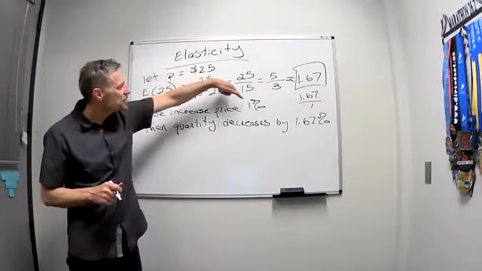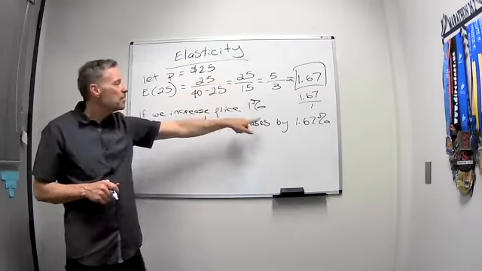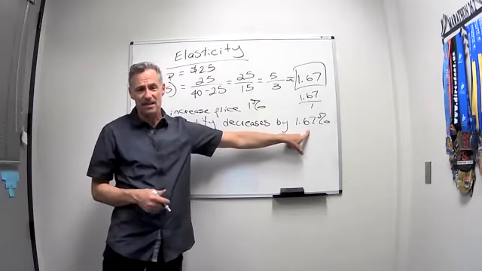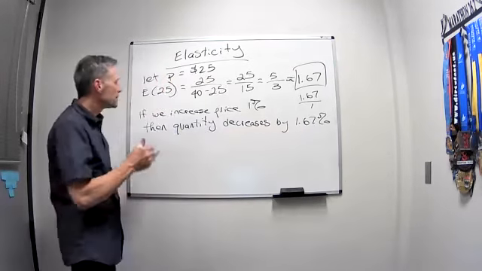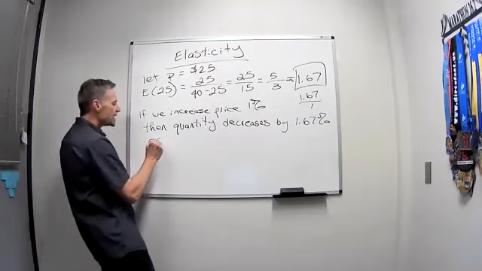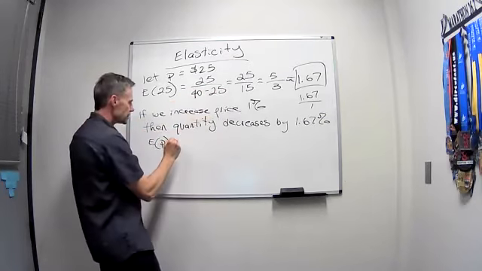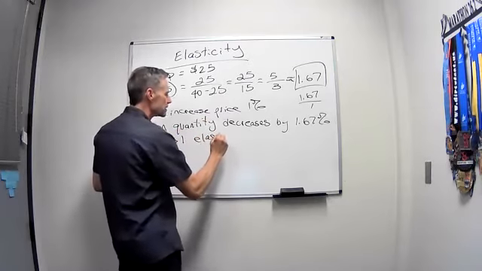Well, if I increase the price a little bit, but the quantity demanded decreases even more, I'm going to make less revenue. Well, here's what we usually look at. If E of P is, in this case, greater than 1, we call that elastic.